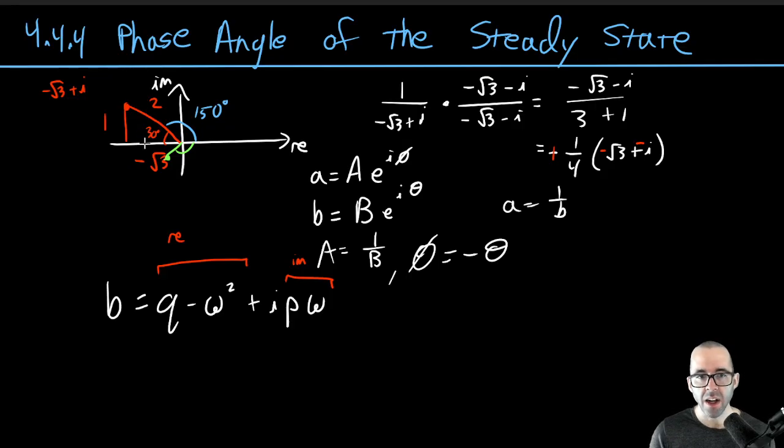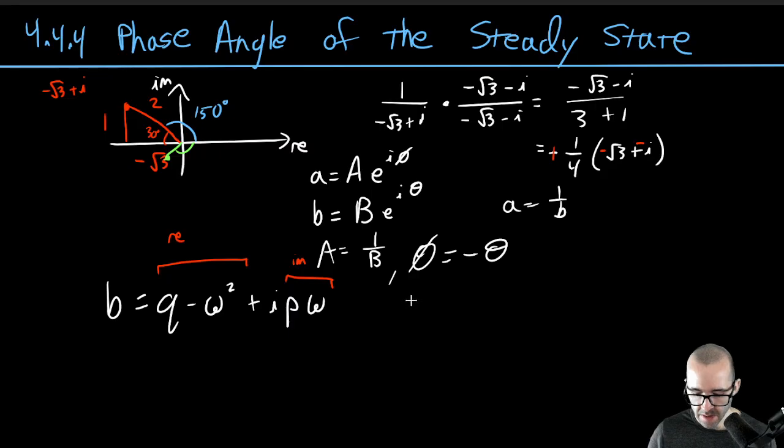The angle of a complex number is just given with sines and cosines. Well, specifically tangent, right? Because we have the imaginary part as the opposite and the real part as the adjacent.